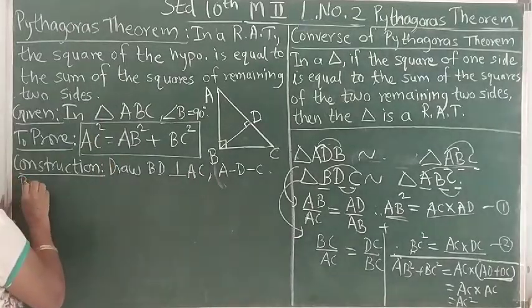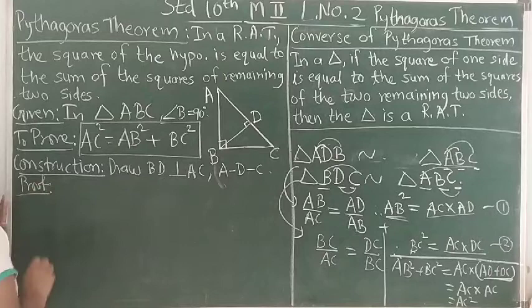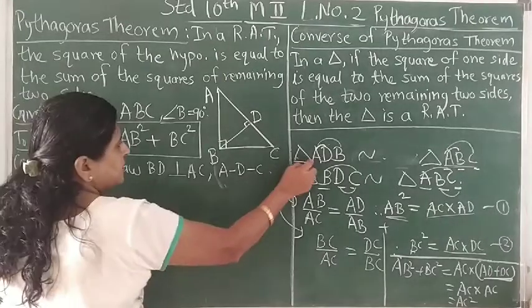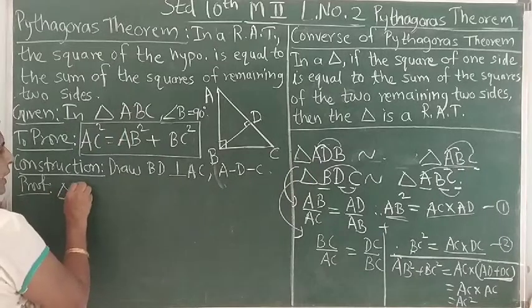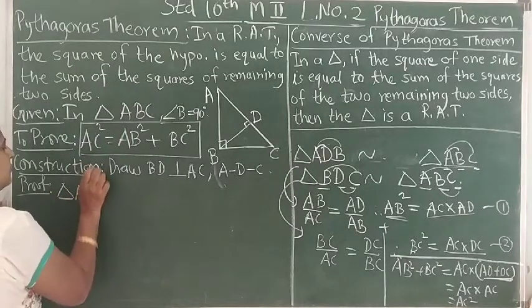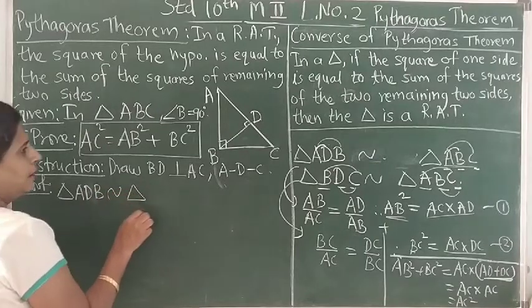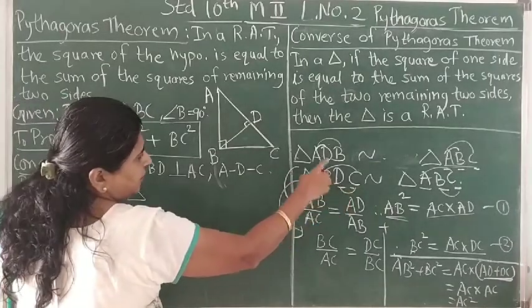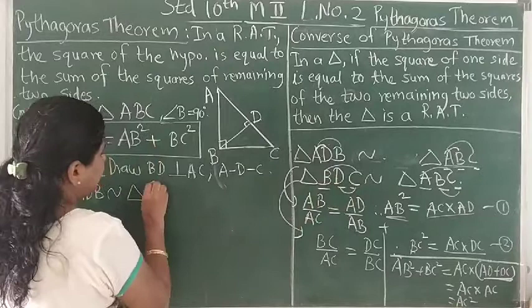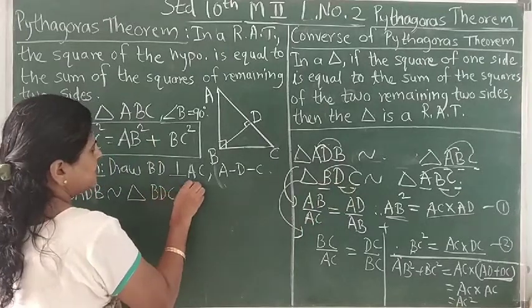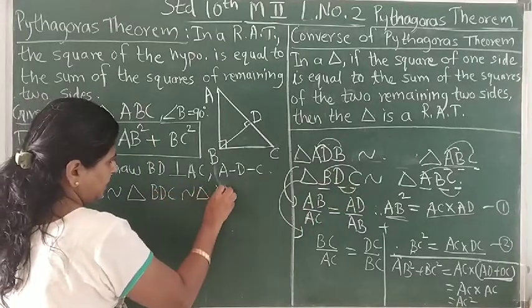So the proof part. Now using similarity in right angle triangles, we can write that triangle ADB is similar to triangle BDC, similar to triangle ABC.